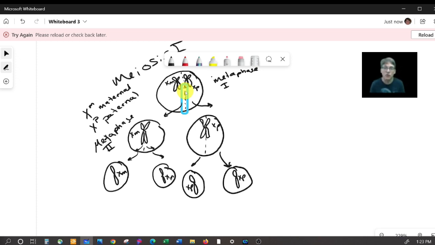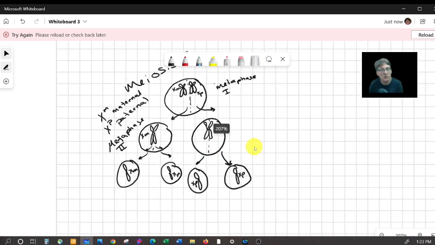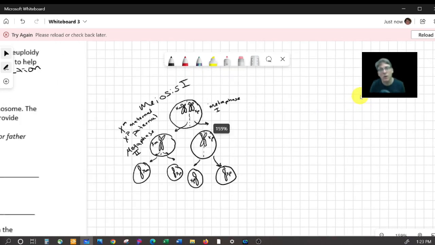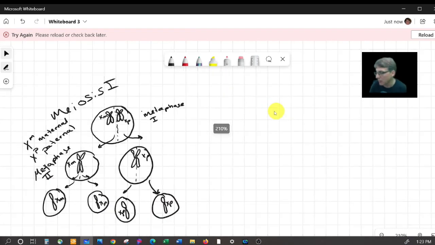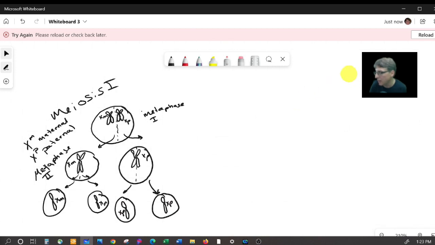If we have non-disjunction happen within meiosis 2, then in one of these 2 daughter cells we're going to fail to separate our sister chromatids, and they're both going to go to one of the daughter cells, and one's going to lose it. So it will then be lacking a chromosome.